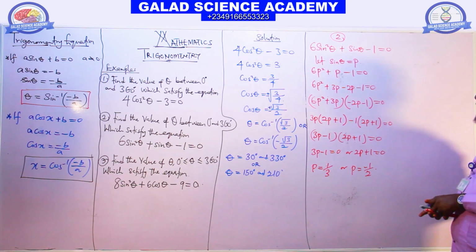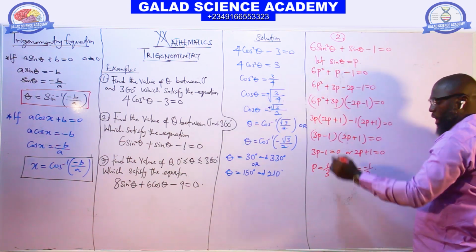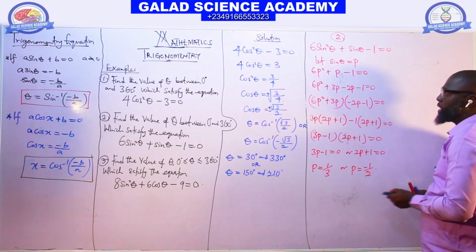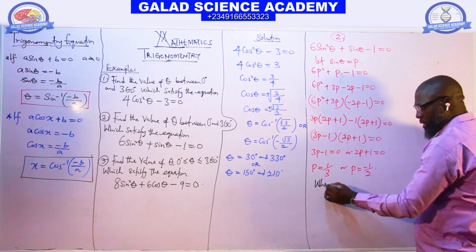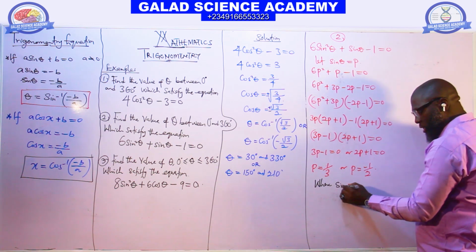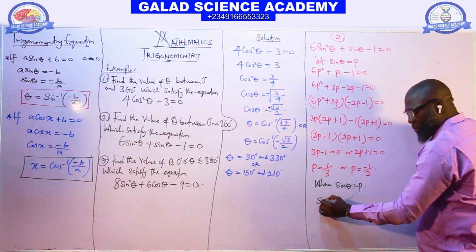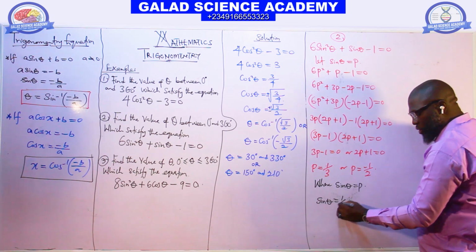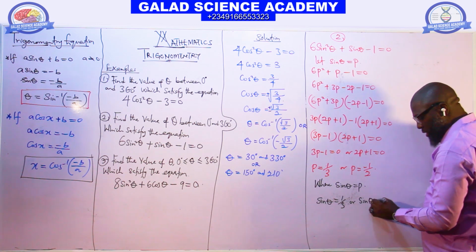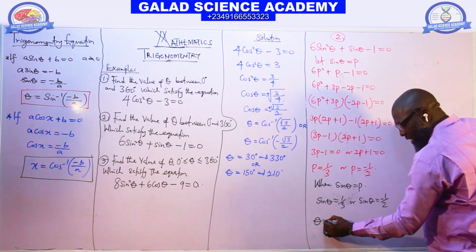But don't forget, what is our original value for P? We said sine theta equal to P from the beginning. You now have sine theta equal to 1 over 3 or sine theta equal to minus 1 over 2. So look at the arc sine here.